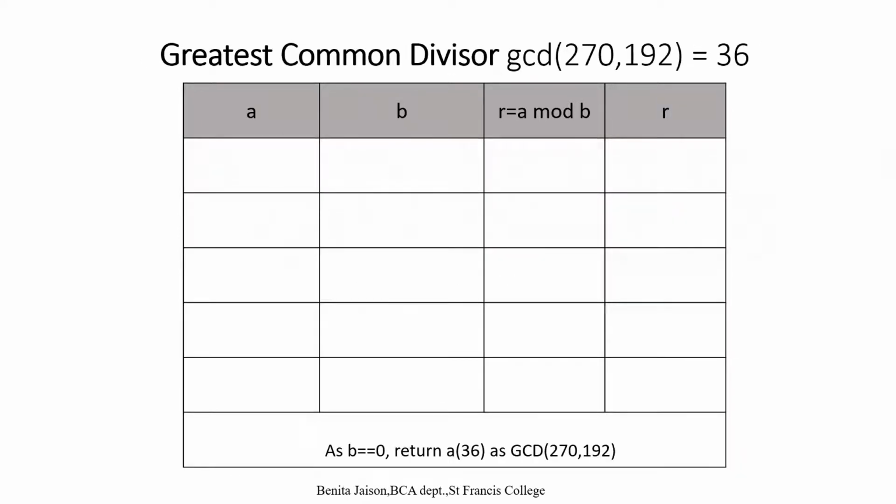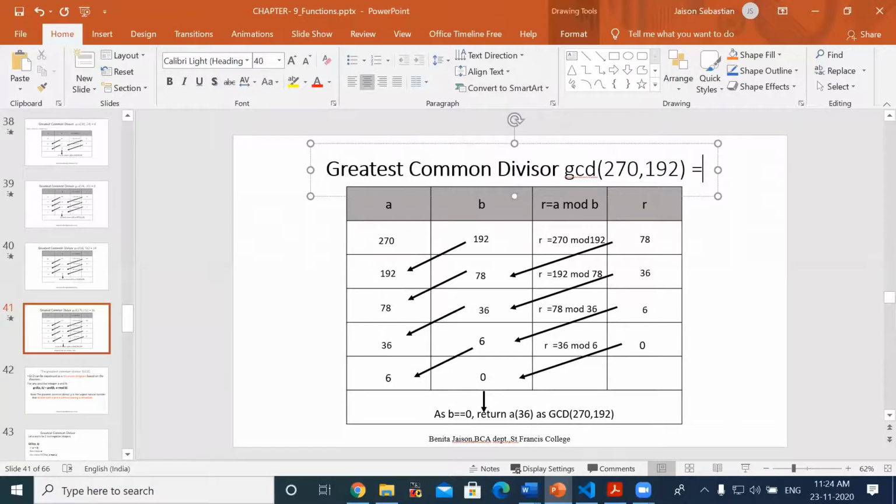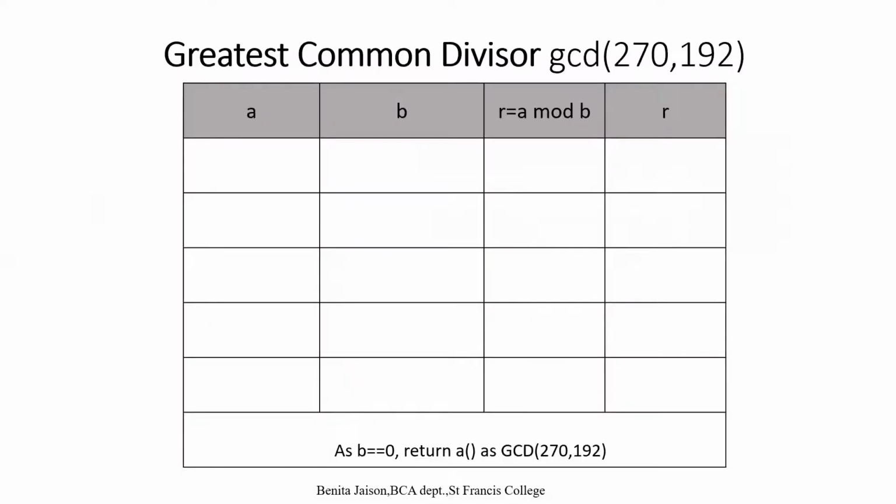Now find the GCD of 270 and 192. Okay, so what is A here? Those who have done it, answer in the chat box.